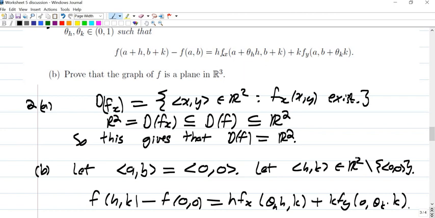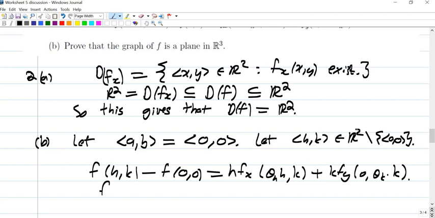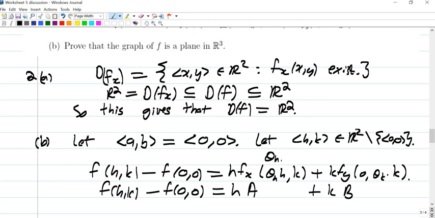Now we're in a happy position because we know that f partial x exists everywhere, and that's equal to a. We know that f partial y exists everywhere, and that's equal to b. So remember that theta h and theta k are for some values between 0 and 1.